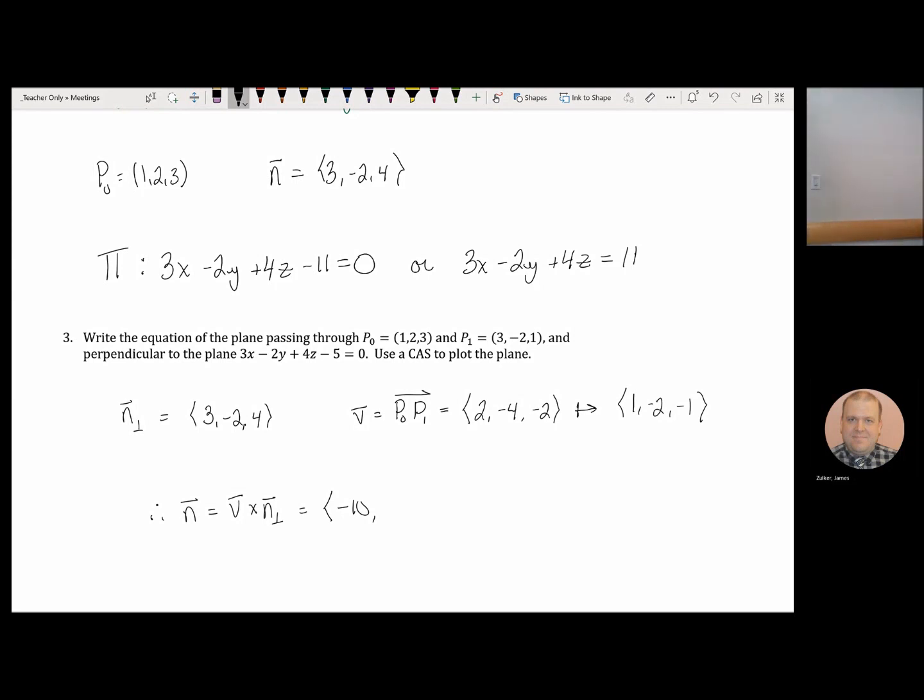Then the middle component would be the negative of 1 times 4 minus -1 times 3. Since I know it's a minus, I'm gonna actually flip the order. It'll be -1 times 3 minus 1 times 4. That's what, -3 minus 4, -7.